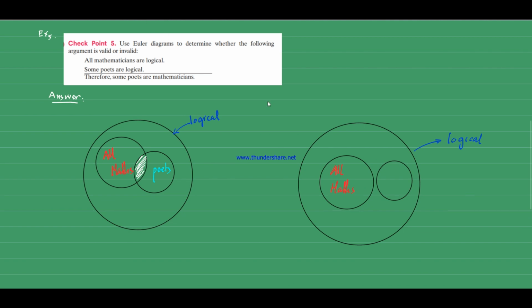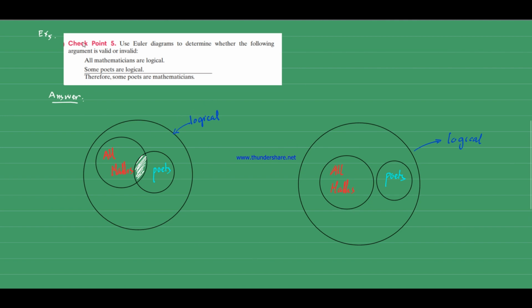So this is poet. But if you notice, you see that the all-mathematician set and the poet set are disjoint. But they say over here that some of them are mathematicians. So this disjointness contradicts the conclusion. It means the conclusion is not always true.